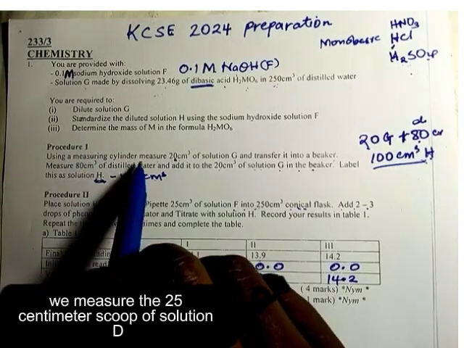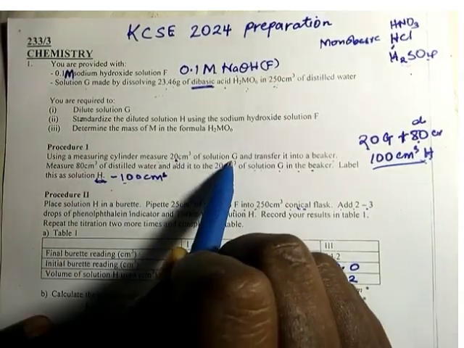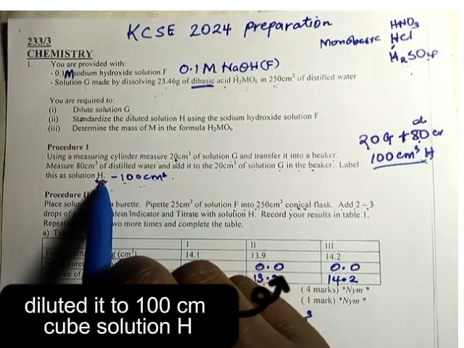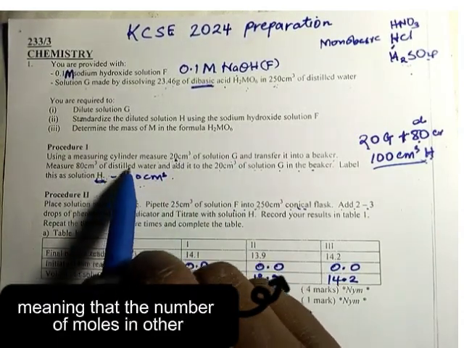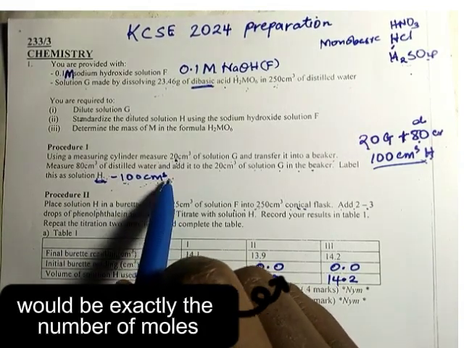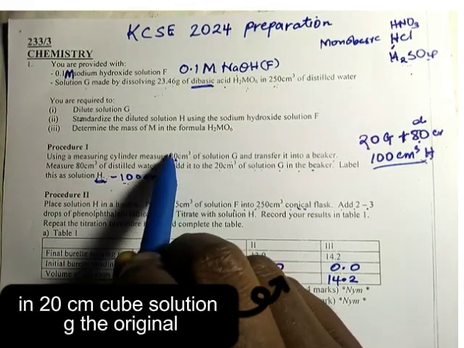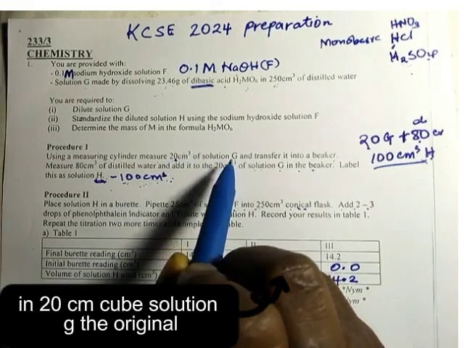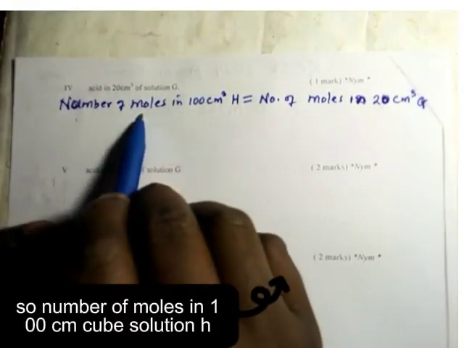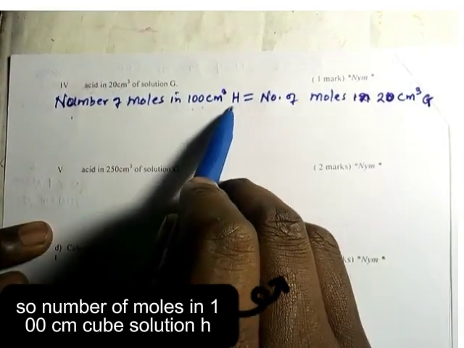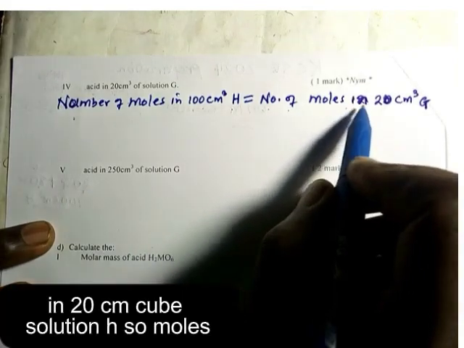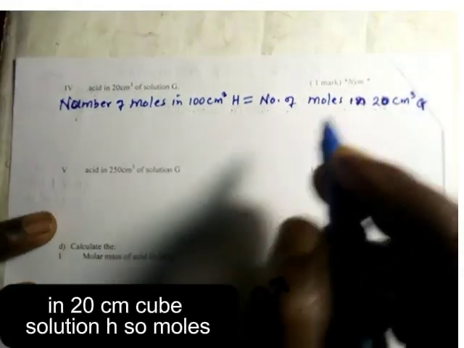We measured 25 centimeters cube of solution G, diluted it to 100 centimeters cube solution H, meaning that the number of moles in 100 centimeters cube solution H will be exactly the number of moles in 25 centimeters cube solution G, the original. So number of moles in 100 centimeters cube solution H will be equal to the number of moles in 25 centimeters cube solution G.